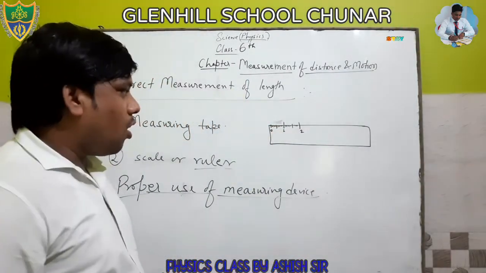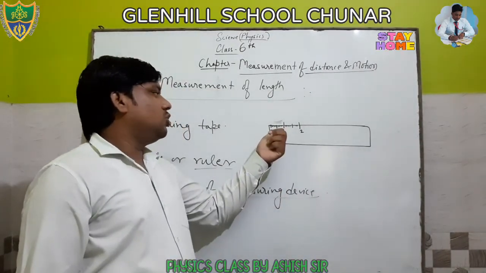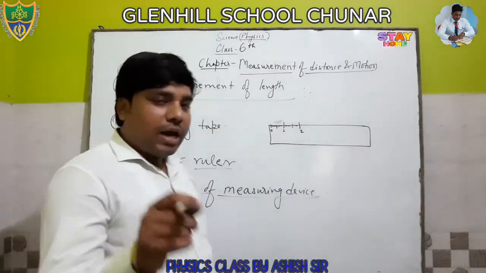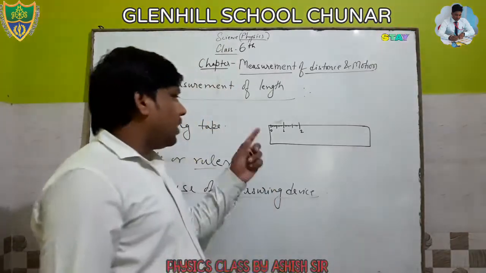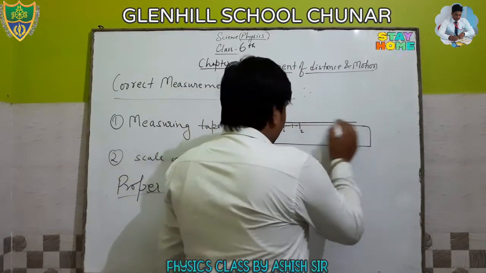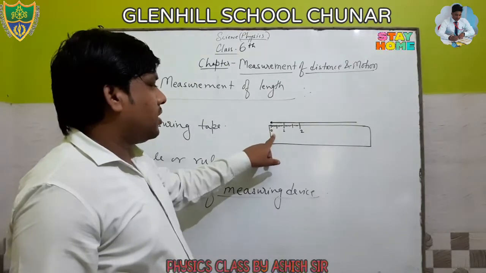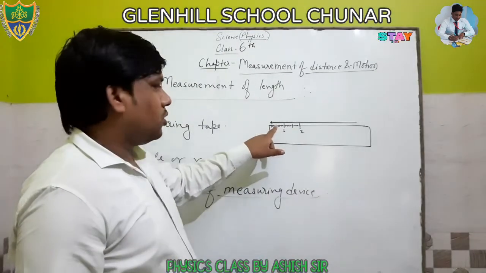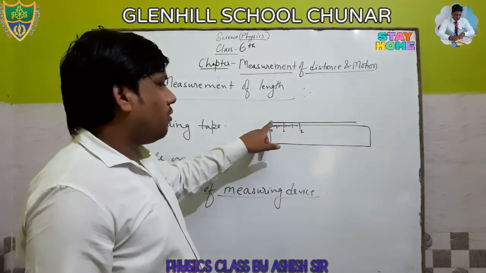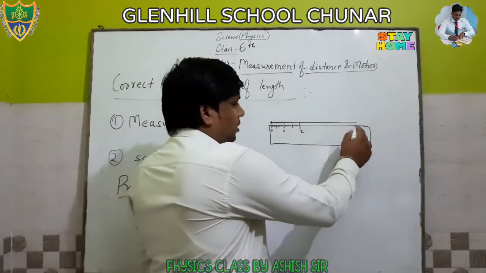So you always put this 0 on the starting point of the length. Suppose this is a length, then you always start your measurement from just 0. You put this 0 mark on the starting point of the straight line, and then you measure.